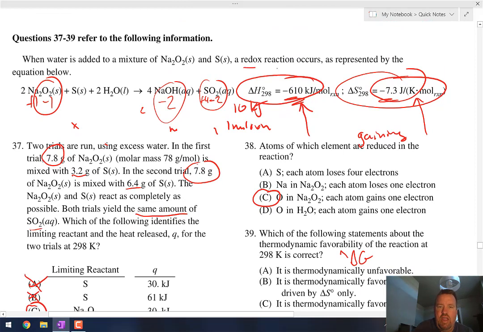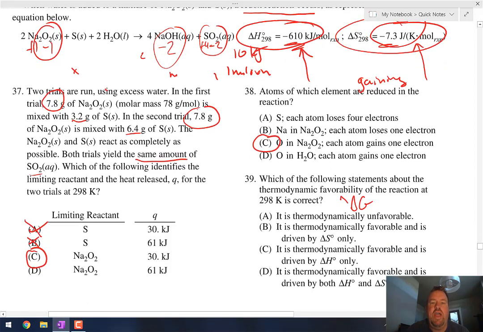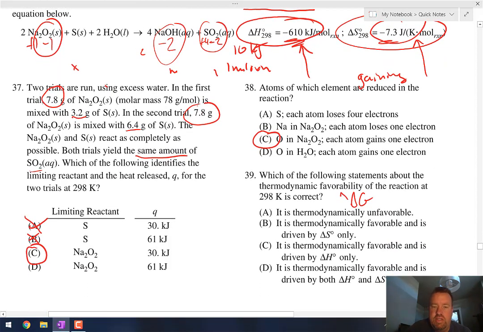It does say a redox reaction occurs. So we do know that it is thermodynamically favorable because the reaction happens. So it is not thermodynamically unfavorable. Okay, and now it's just what's driving this reaction forward. Remember that with that equation, delta G equals delta H minus T delta S, in this case, you've got this component and this component.